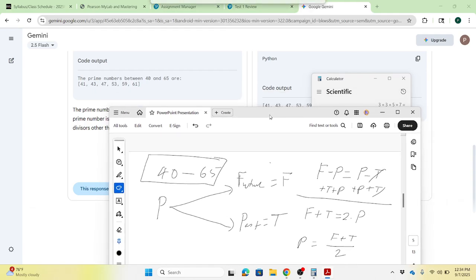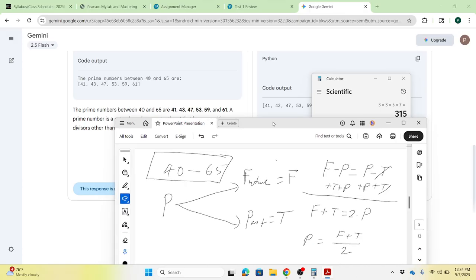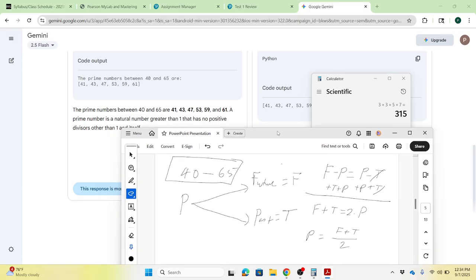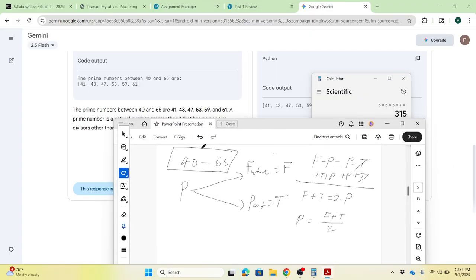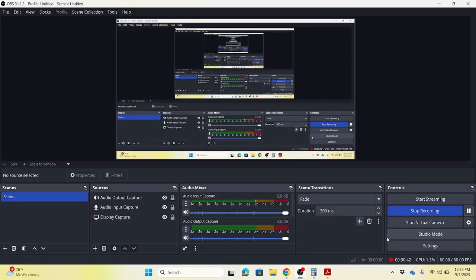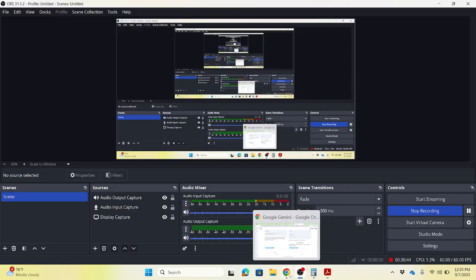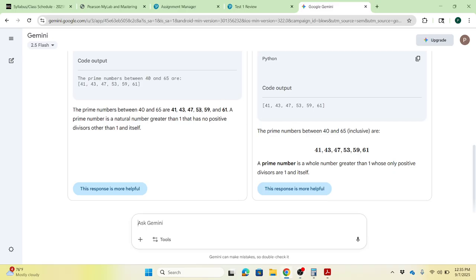If you go back and look at the options, like let's say his present age is 43, the next difference is 4 years, but the previous difference is just 2 years.